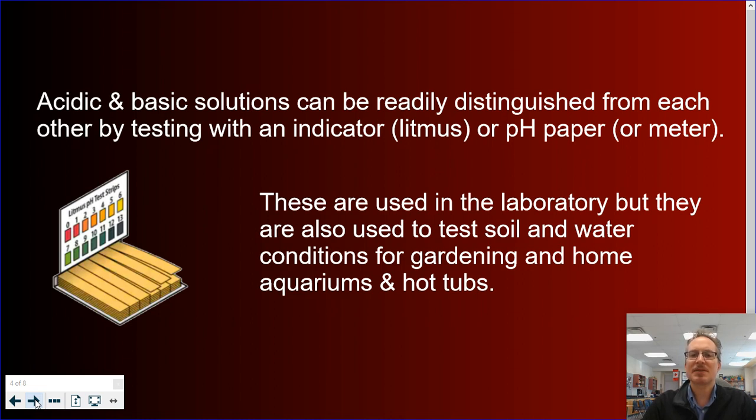And that would be substances where, if you have a hot tub or an aquarium at home, or maybe you're into gardening, you might have used some sort of water test or a soil test to figure out the acidity or basicity of your soil, to see if there is anything we need to add to grow, let's say, tomatoes compared to geraniums.